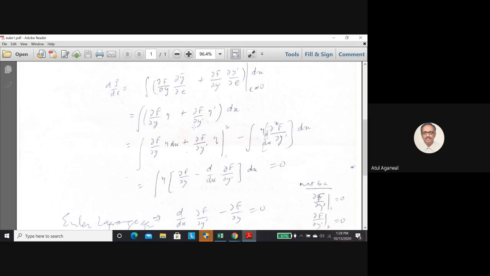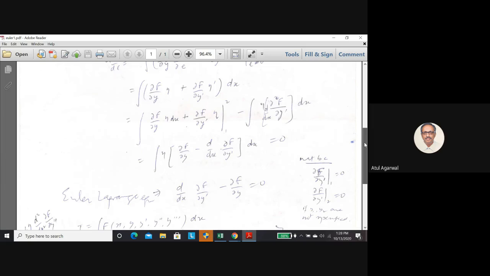This is what we used to do. Next time we shift the derivative to the other term. So you get eta times del f by del y, minus d by dx of del f by del y prime, integrated with dx, equal to 0. We have clubbed the terms containing eta.